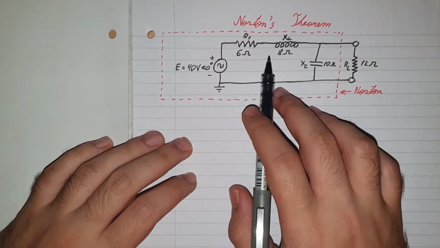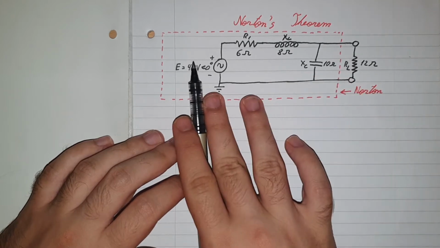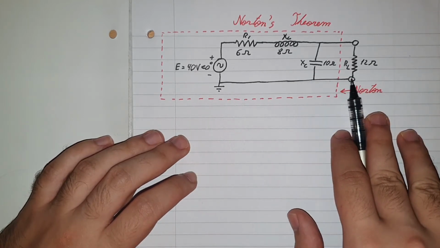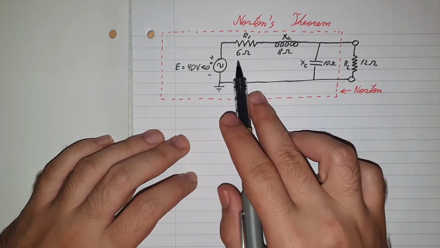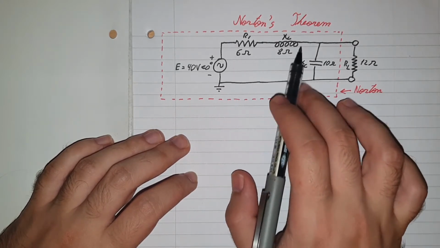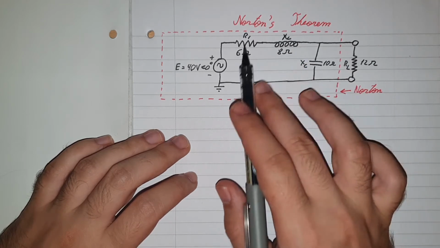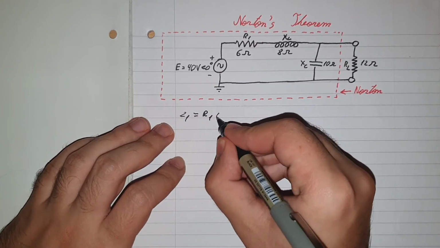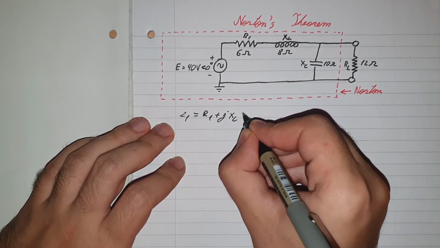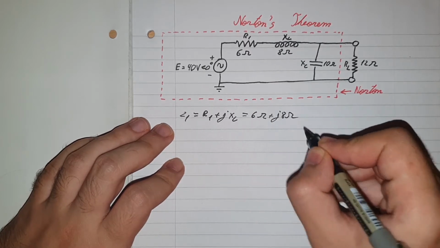Now, again, we mark the zone that we need to separate. So we need to separate this side of the circuit from this load resistor here, RL. First off, we can see that Z1 will be R1 plus XL because they are in series. So Z1 equals R1 plus jXL, which equals 6 ohms plus j8 ohms.